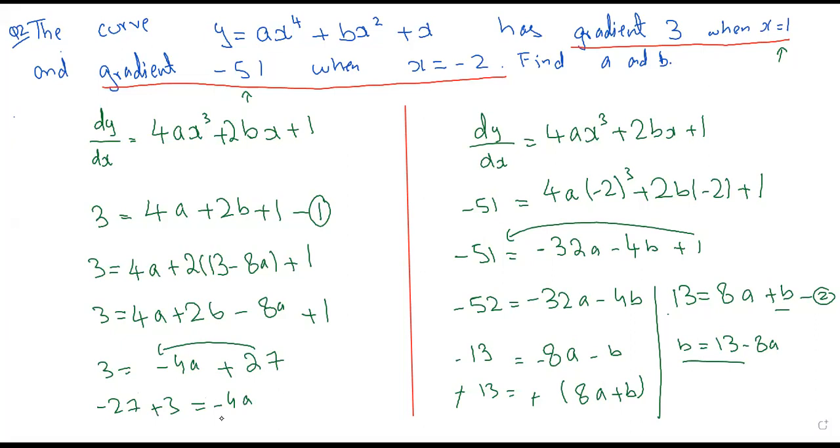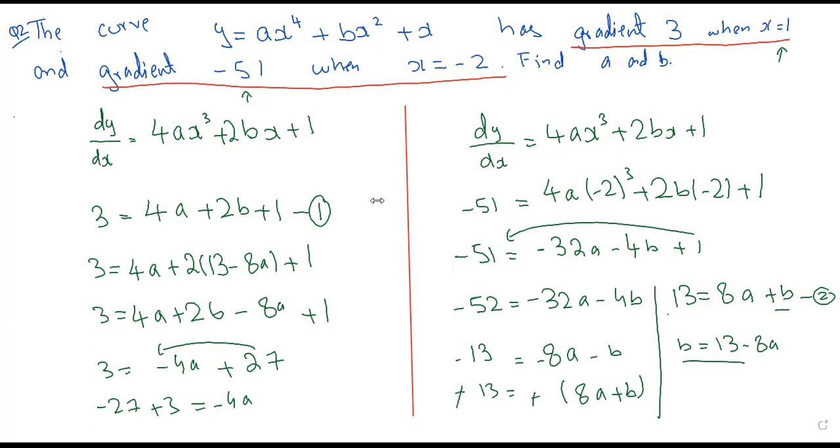Where exactly are you saying 16a? 2 by minus 8a. No, which step exactly? The second step, where 13 minus 8a is in the bracket, and then aren't you supposed to multiply it?